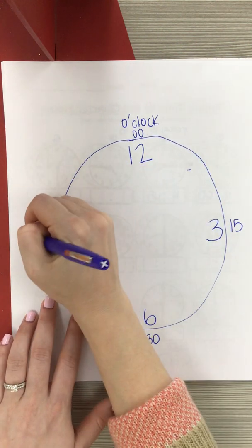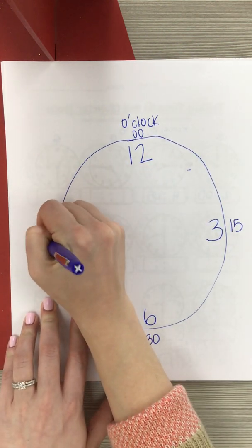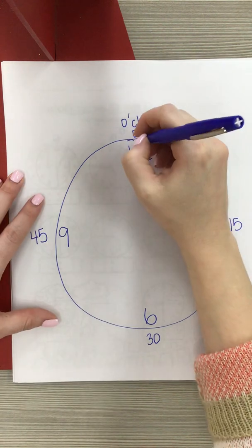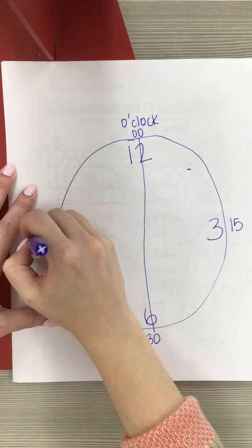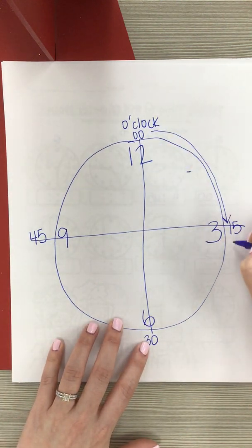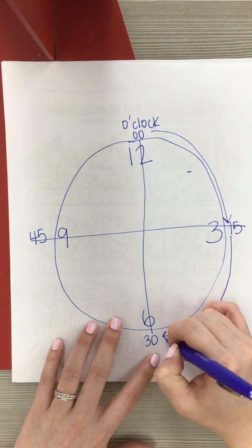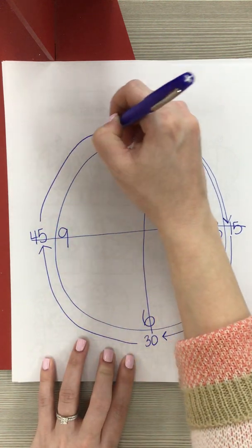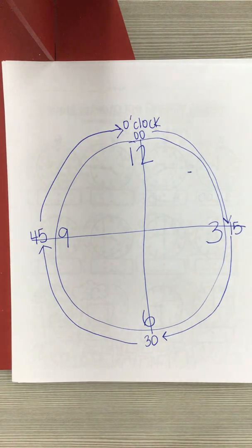And the 9 represents 45. That's what we're doing today. And the clock is like chopped into 4s. Okay, so this section is 15 minutes. This section is 15 minutes. This section is 15 minutes. This section is 15 minutes.